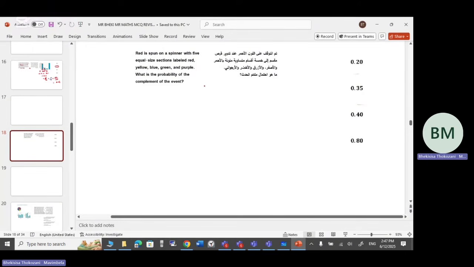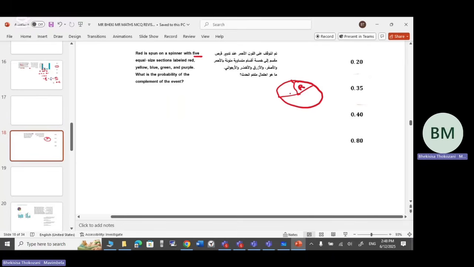Now, I like to start off with this, just to give you an idea of what they're talking about. This is a spinner, and this spinner has 5 equal sections. The first one, that's 1. It says red.